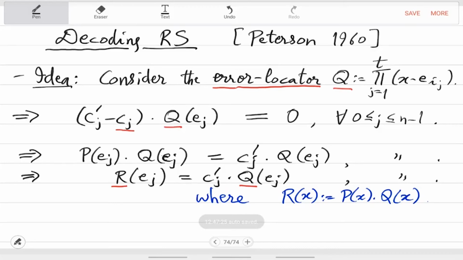The roots of Q are the corrupted elements of the field. Yes, that's the error locator. And R is the product of the correct polynomial times the error locator.